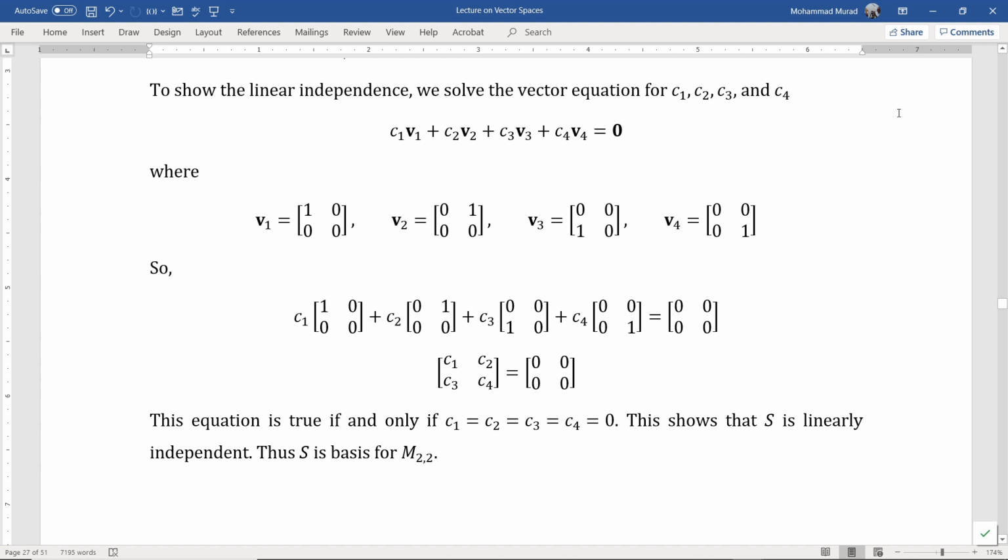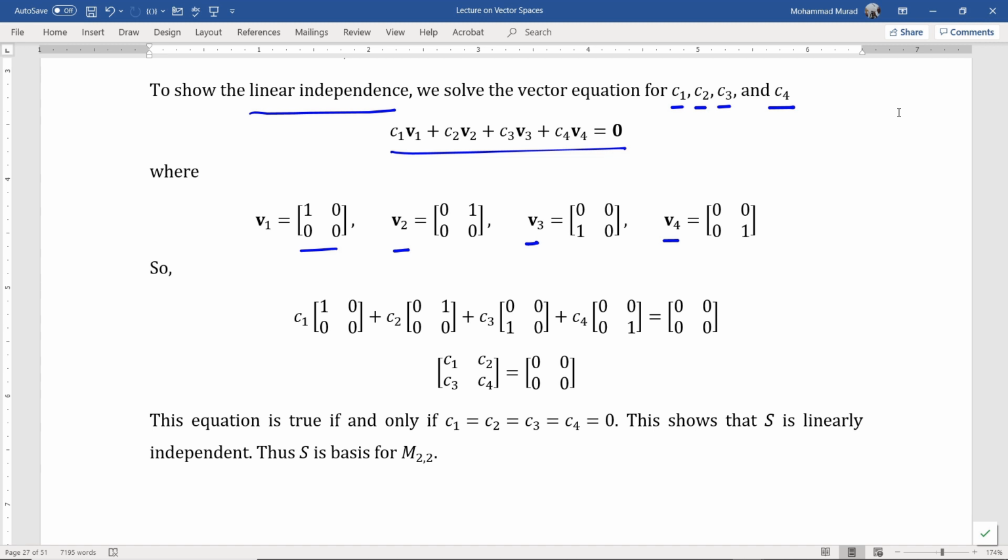To show the linear independence, we solve the following vector equation for c sub 1, c sub 2, c sub 3, and c sub 4, where v sub 1 is the matrix 1, 0, 0, 1, and the matrices v sub 2, v sub 3, v sub 4 are as shown.